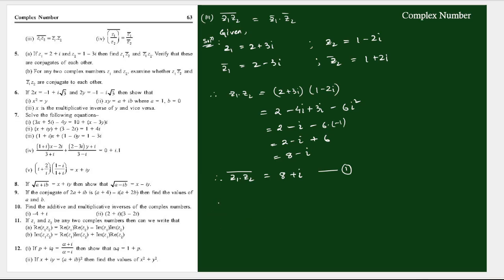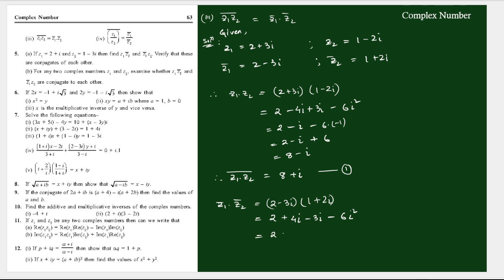Now we will multiply z1 bar into z2 bar. So z1 bar is how much? 2 minus 3i. z2 bar is 1 plus 2i. 2 into 1, 2, plus 2 into 2, 4i, minus 3 into 1 is 3i, minus 2 into 3 is how much? 6i square.